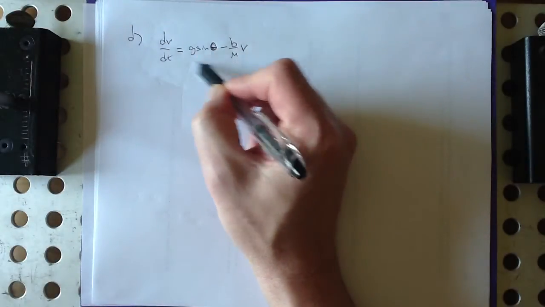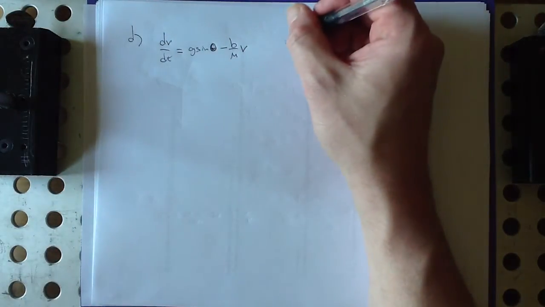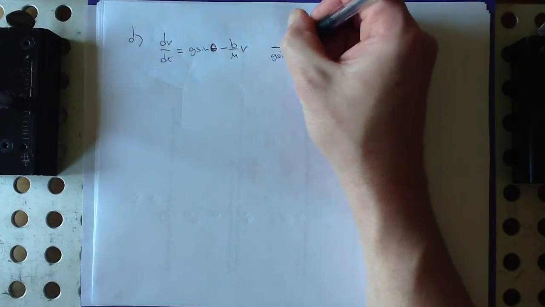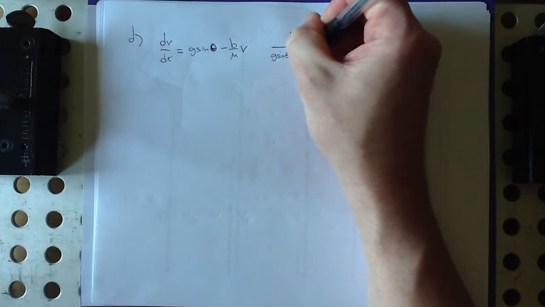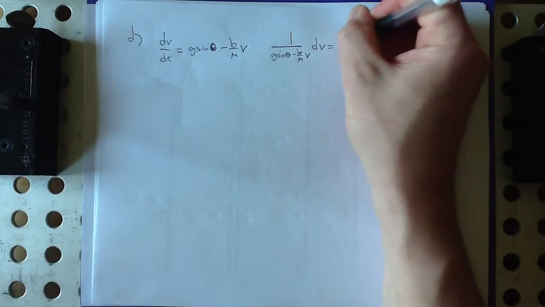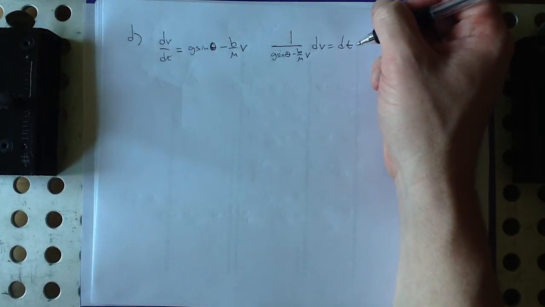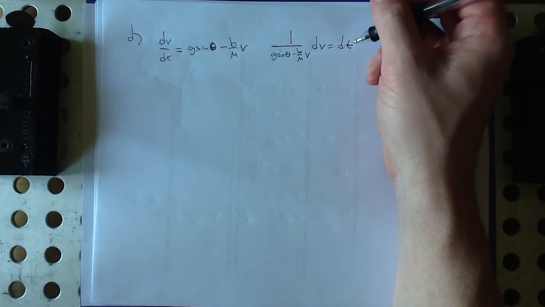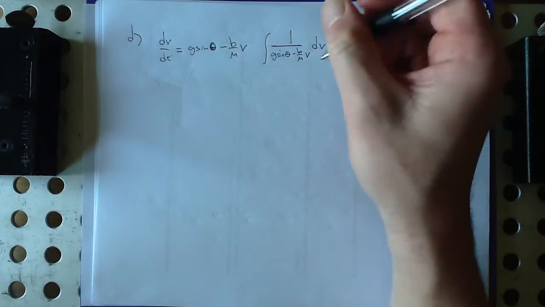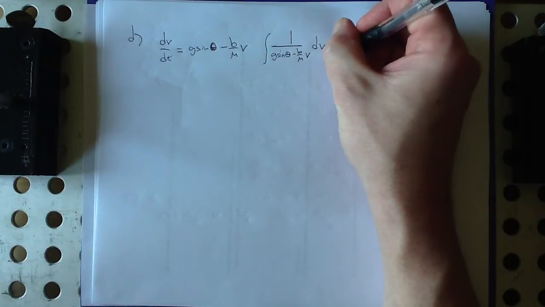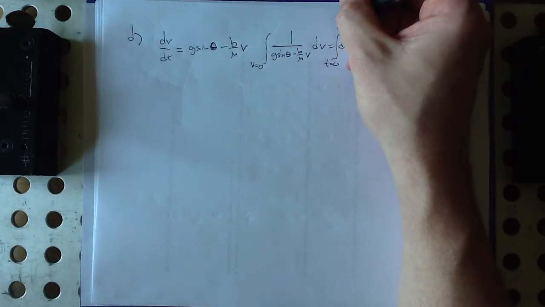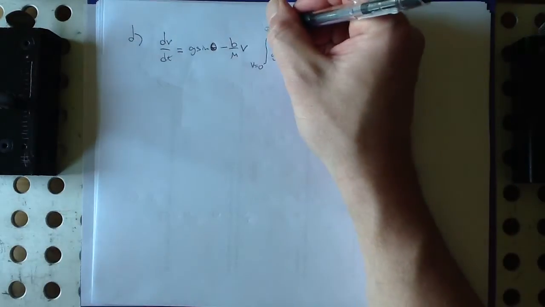We need to move all of this over here. So 1 over g sine theta minus b over M v dv is equal to dt. And the skier is starting from rest at time 0, so I'm going to do the same trick we did in your notes. At t equals 0, velocity is 0, and this is a variable t, the variable.